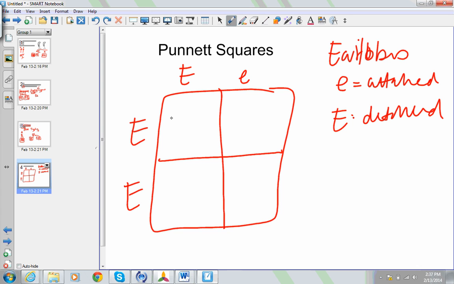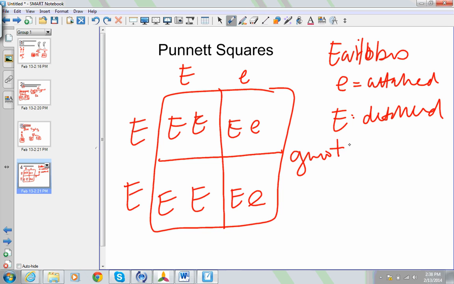Okay, so we're going to do the cross just like we did before, filling in the rows and columns. Same thing here. Okay, and what we come out with is, for our genotypes, 50% are going to be homozygous dominant, and 50% are going to be heterozygous.